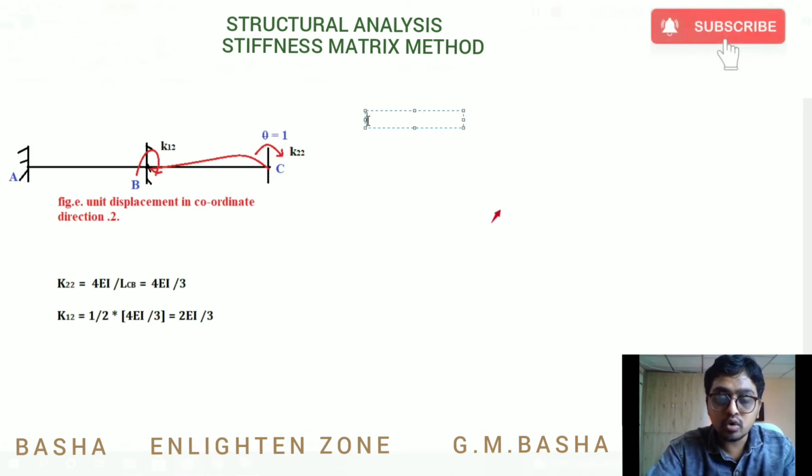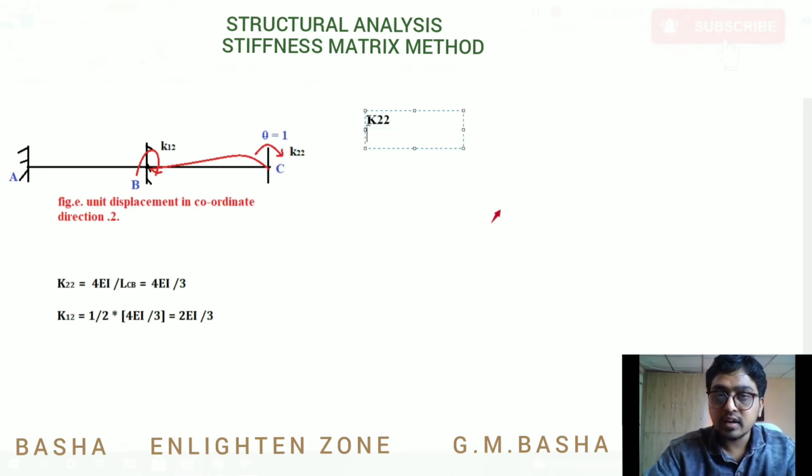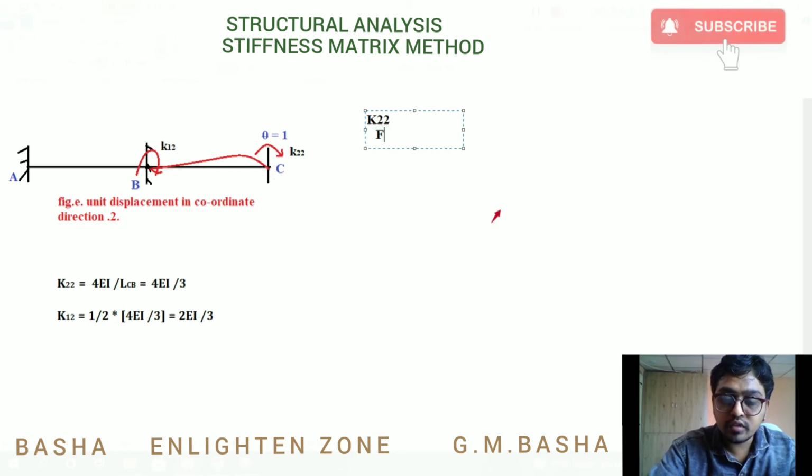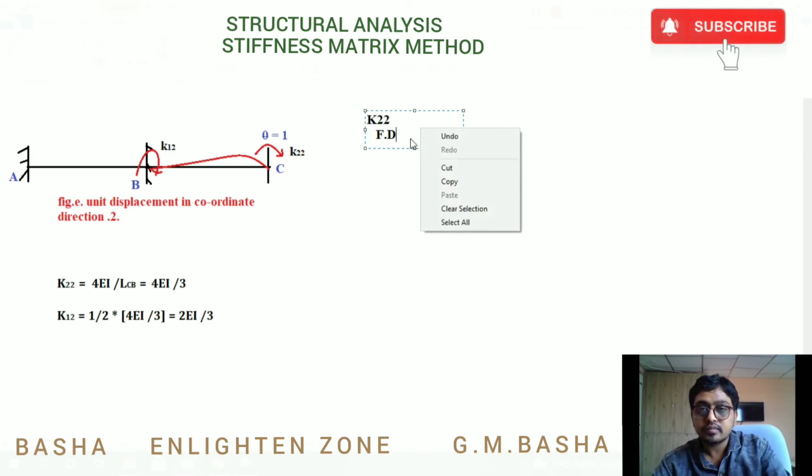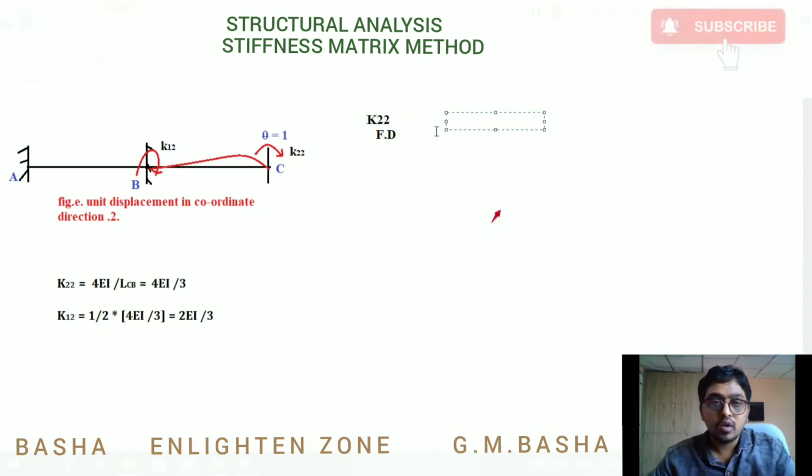I will explain it here. It is remembered in the form of FD: force at the second coordinate direction when the displacement is also at the second coordinate direction. Please remember it like this. Again, this K12.